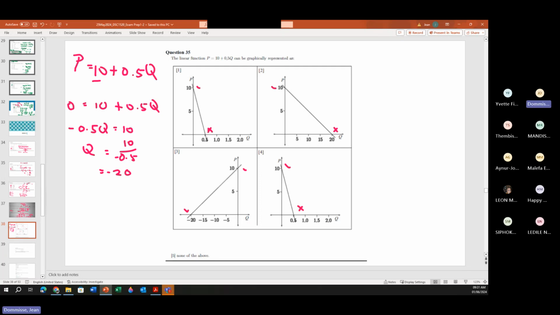Okay, so by just looking at the 2 points, we get to solve that it needs to go through 10 and it needs to go through minus 20. So that will then give us the option.